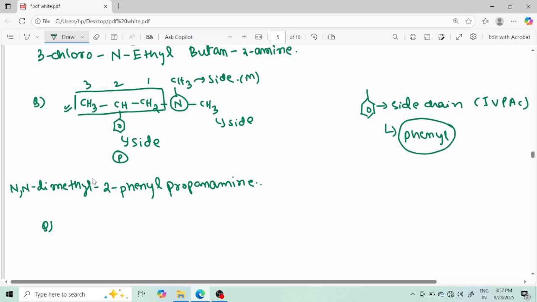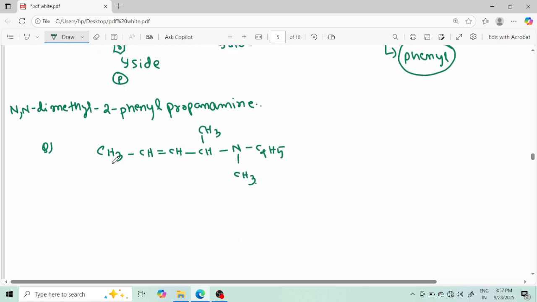Suppose I am giving you CH3, CH double bond, CH, CH, CH3, then N, C2H5 and CH3. Suppose this is the thing given. C2H5 is ethyl, right? If you select this, this is my longest parent chain, and I will start the numbering from here, 1, 2, 3, 4 and 5.